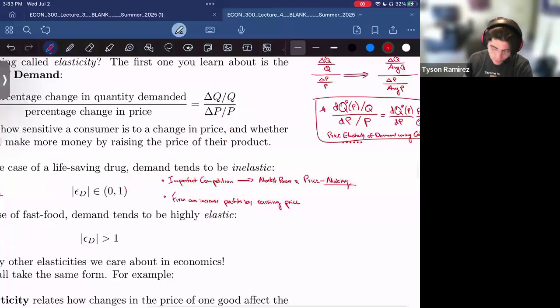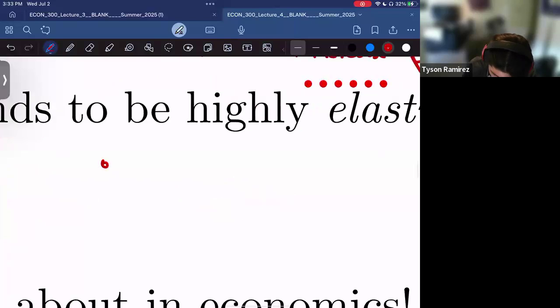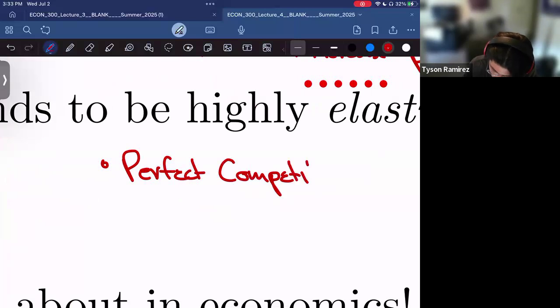In contrast, if something is very elastic, something closer to perfect competition, this is usually like the market for foods. I have on here an example of fast foods, but most foods are generally perfectly competitive markets.